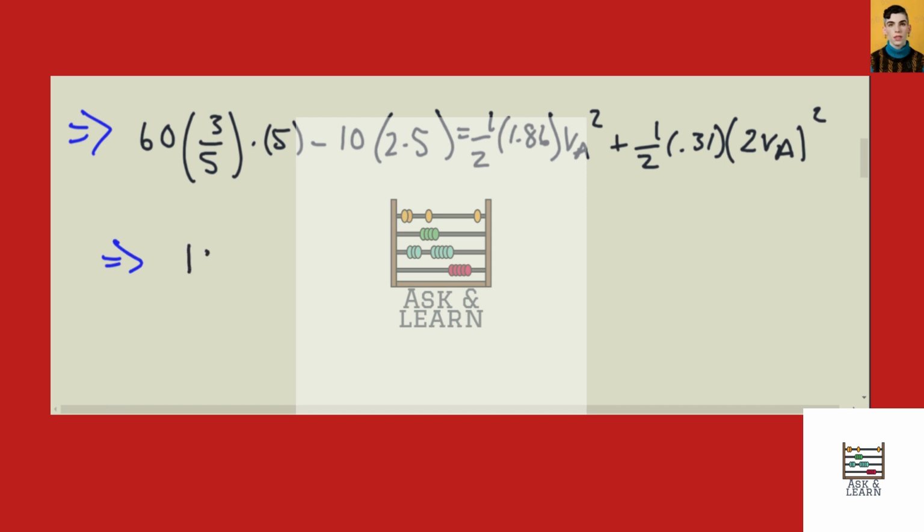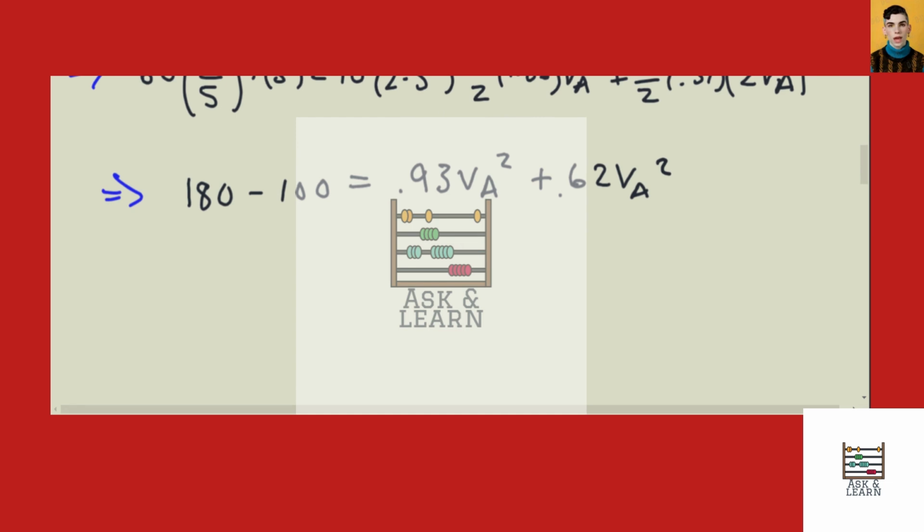Now we can simplify this a little bit. So on the left side we have 180 minus 100 is equal to 0.93 VA squared plus 0.62 VA squared. So then we have 80 is equal to 1.55 VA squared.